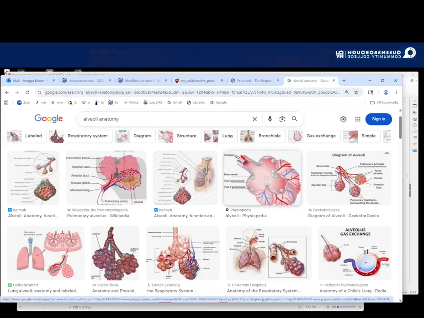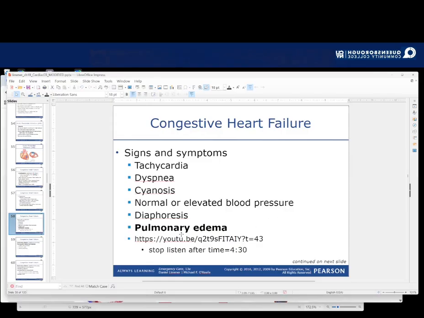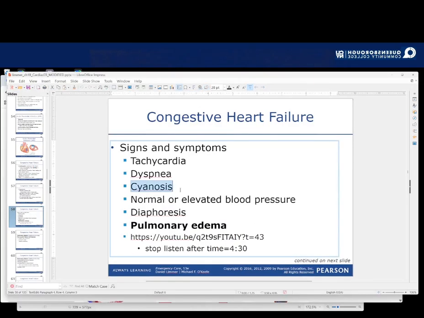So it's pink frothy sputum. Pink frothy sputum is the description. Cyanosis, because they're just not breathing. They are literally drowning while lying in a dry, warm bed. They are drowning inside themselves, so they're going cyanotic.